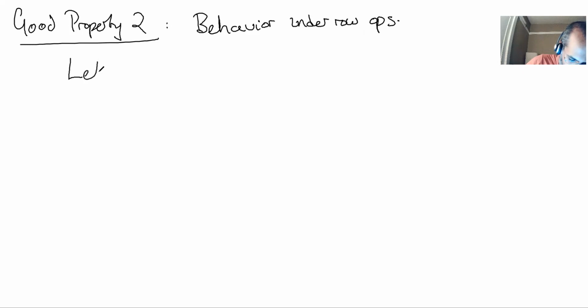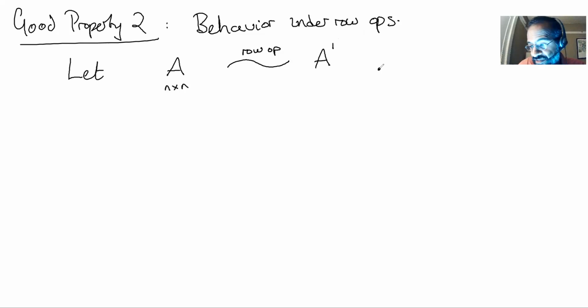So let A be some n by n matrix, and let's do some row operation, just one, to get some matrix A prime. Now there are 3 possibilities for row operations, right? Well, the first one is you scale a row.